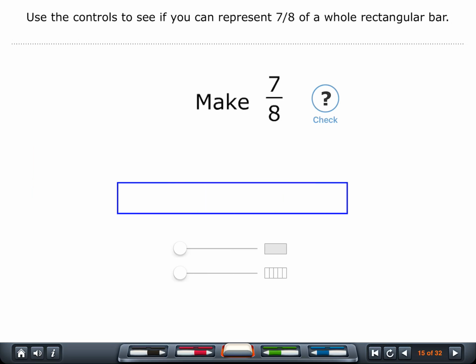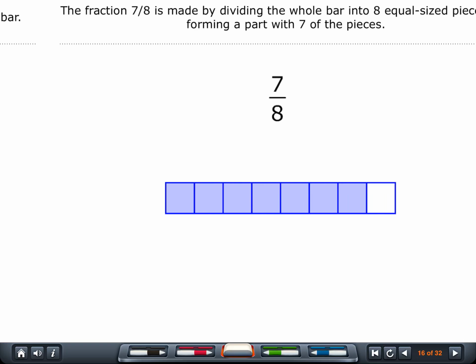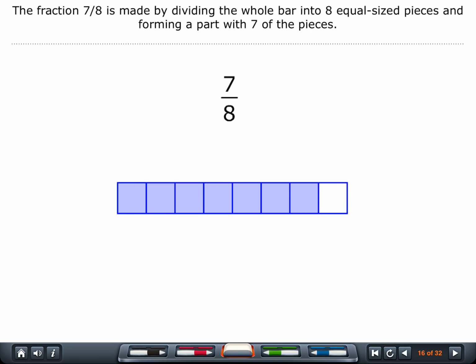Use the controls to see if you can represent 7/8 of a whole rectangular bar. The fraction 7 over 8 is made by dividing the whole bar into 8 equal-sized pieces and forming a part with 7 of the pieces.